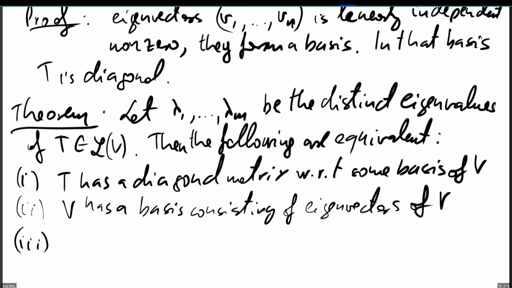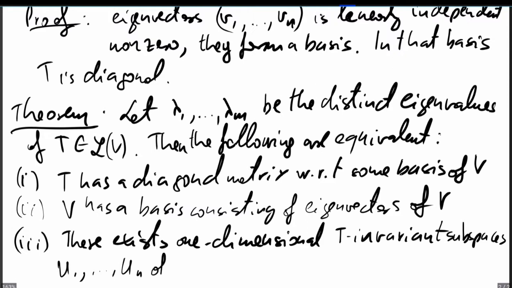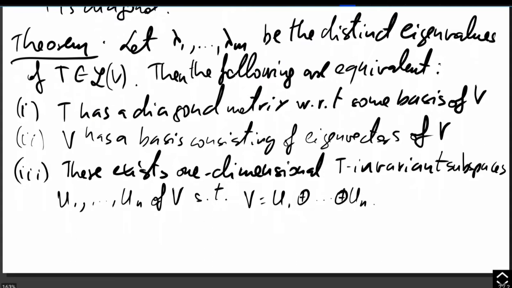So these are equivalent. The third one, equivalent with the previous one, is that there exist one-dimensional T-invariant subspaces U1, ..., Un of V, such that V is the direct sum of these subspaces U1, ..., Un. This is actually from the previous section. We looked at these invariant subspaces that we obtained.